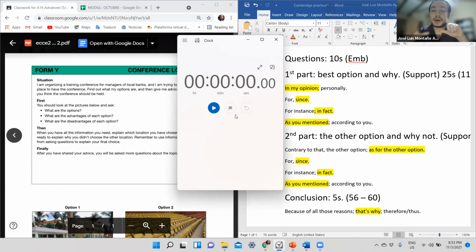So I'm going to be quiet for 2 minutes, but you only have 1 minute for recording this. All right, remember to use the words that are highlighted and to use this structure and to try to follow the time structure as well. Of course, it can be a little bit more or less, but try to follow that one.